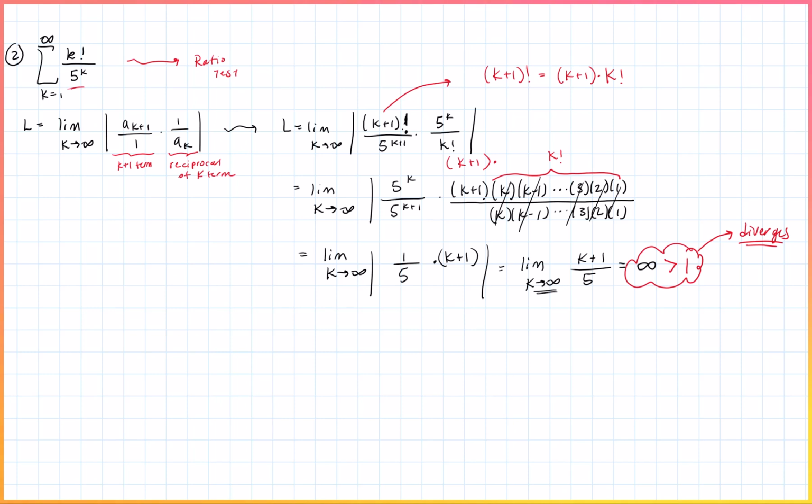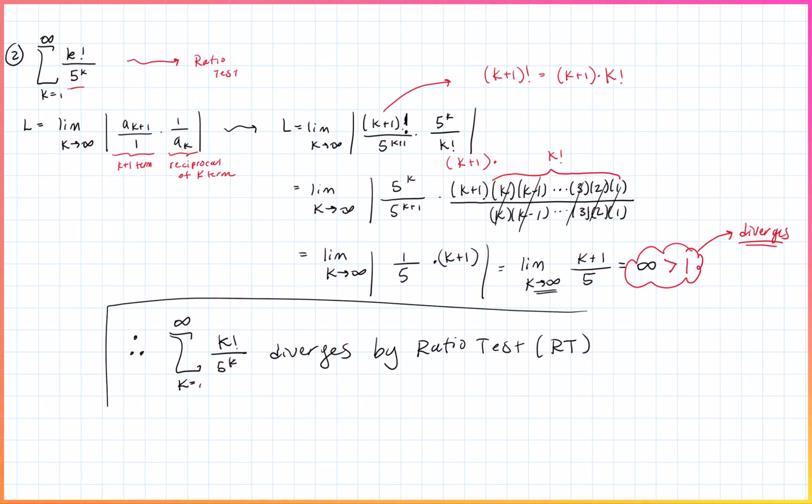Those are positive terms anyway. And so therefore, this series from k equals 1 to infinity of k! over 5^k diverges by the ratio test. Now we can say RT as well, but we definitely have divergence through the ratio test. Okay, let's look at another one.